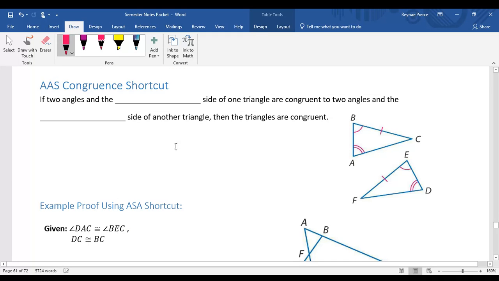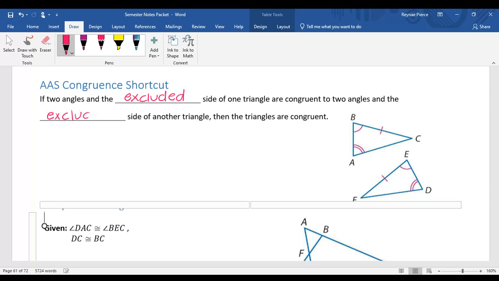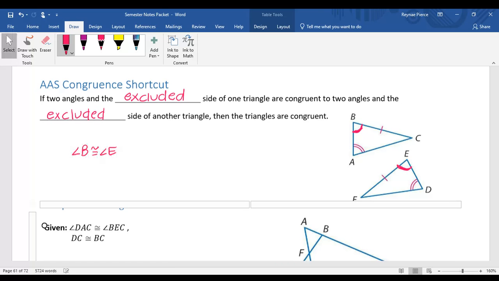And our final shortcut, if two angles and the excluded side. So this time we still have two angles, but it's a side that is only touching one of our angles. Okay. And so just like that first two pairs of triangles we saw in these notes, angle B is congruent to angle E. Okay.